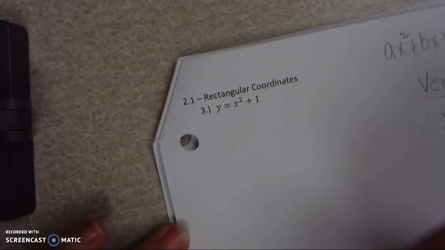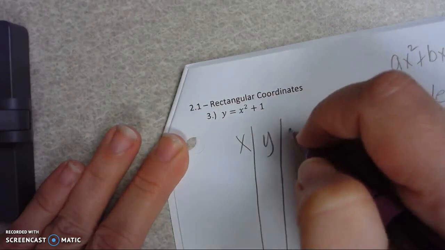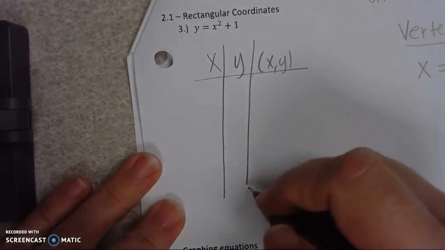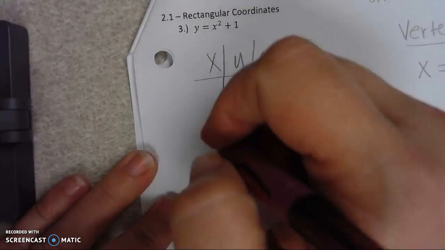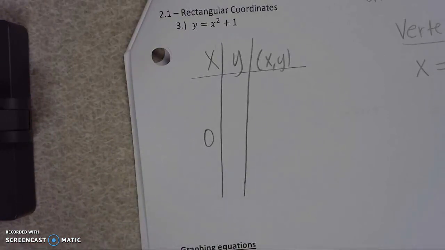I'm going to come over here and make a table, same thing with the x and y values. In my table, I'm going to put my vertex value right in the middle. From the vertex, I'm going to pick values that are the same distance to the left and right of that vertex. I want to pick 2 values to the left and 2 values to the right.